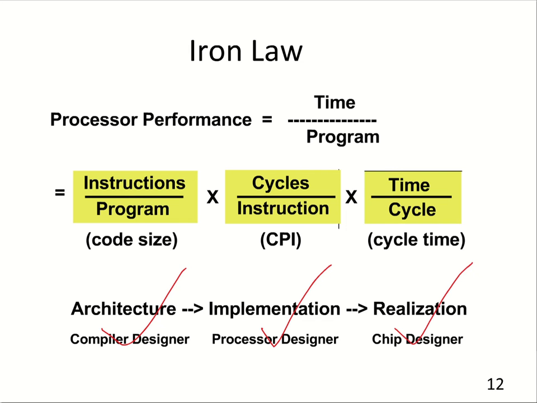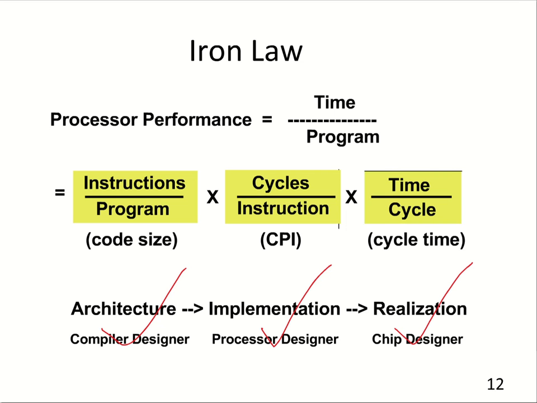Now, all 3 of these terms, of course, interact with each other in complex ways. So if we have a particular instruction set architecture that has complex instructions in it, it might be very difficult for me as a processor designer to come up with an implementation that keeps the number of cycles per instruction low, because inherently those instructions are doing more work, so it's probably going to require multiple cycles of activity to execute those semantics.